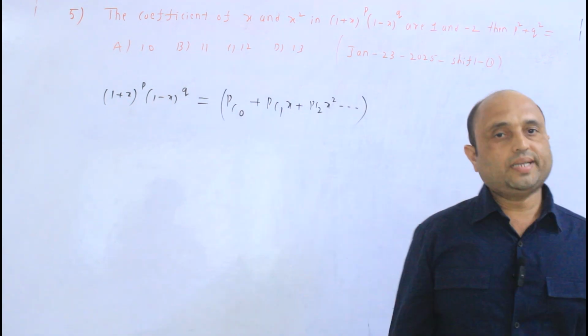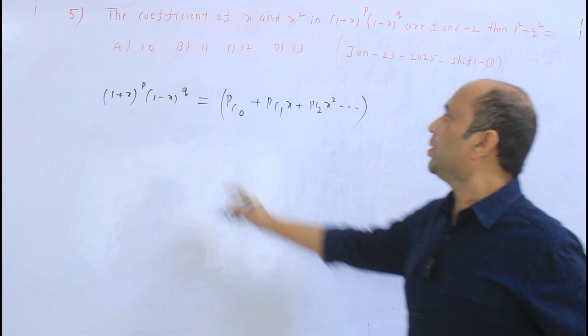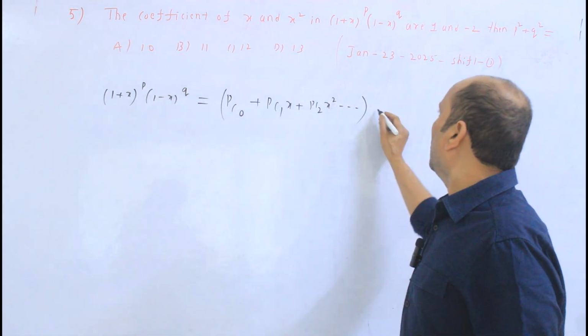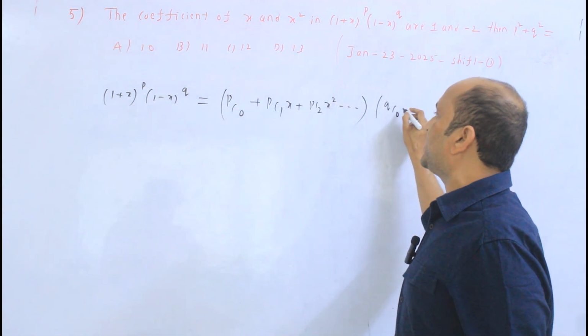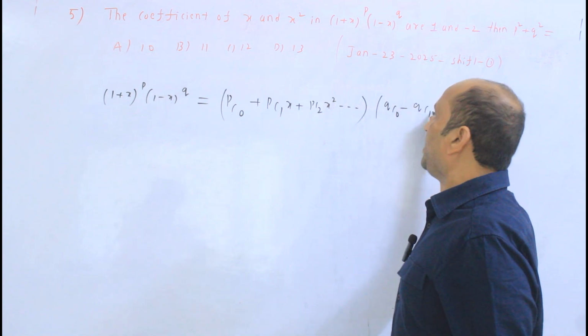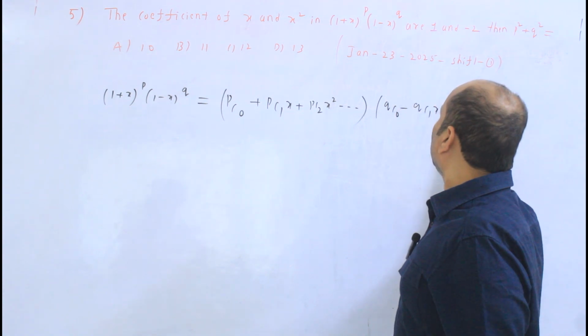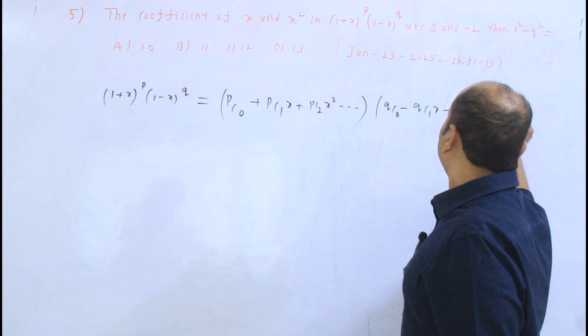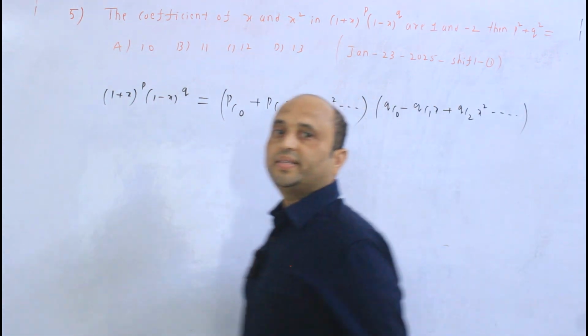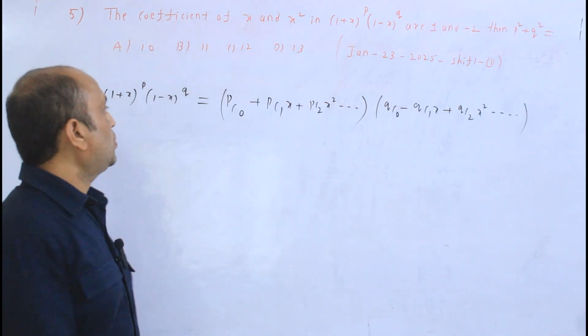This is the first expansion. But here the minus symbol is there, so qc0 minus qc1 x plus qc2 x square up to so on. This is the expansion of these two terms.